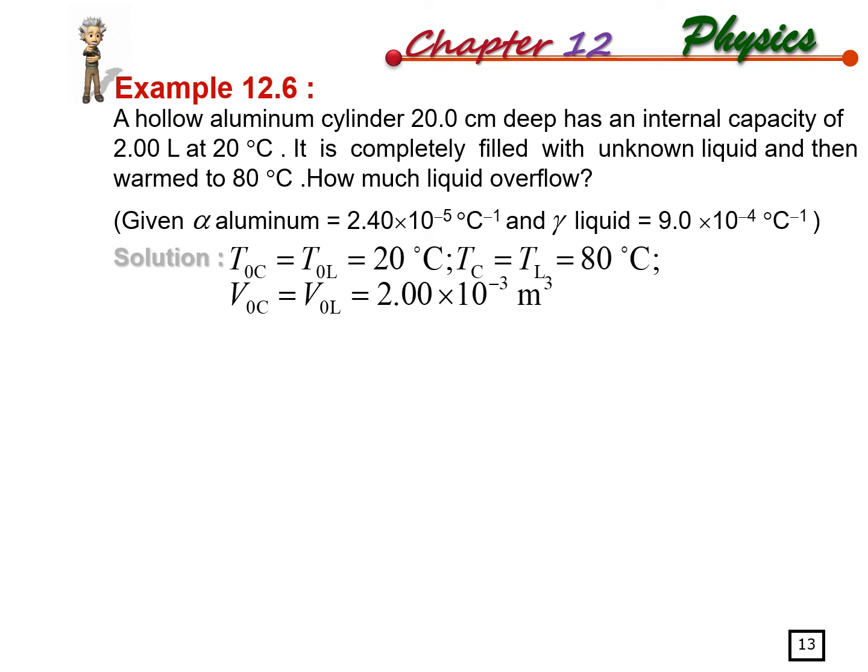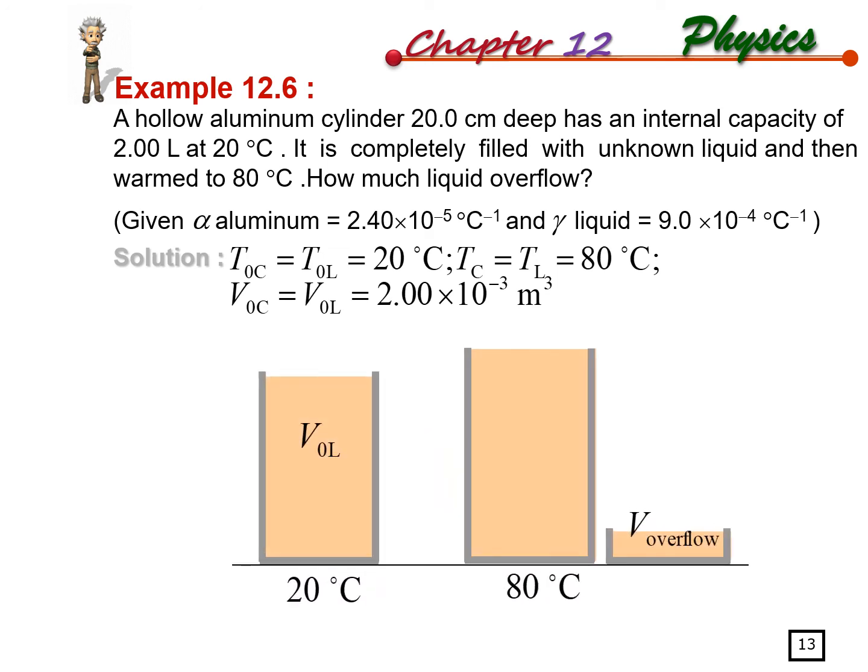The initial volume of 2 liters we convert into cubic meters, the SI unit. We have a diagram to show the situation. Initially 20, and then we heat it up to 80, so we will have expansion, and the expansion will cause overflow.